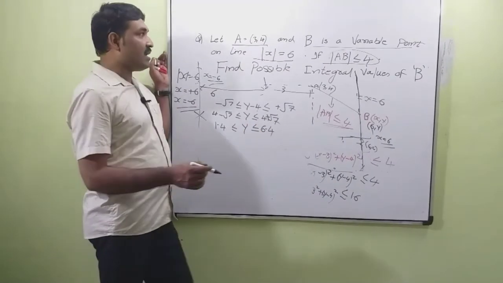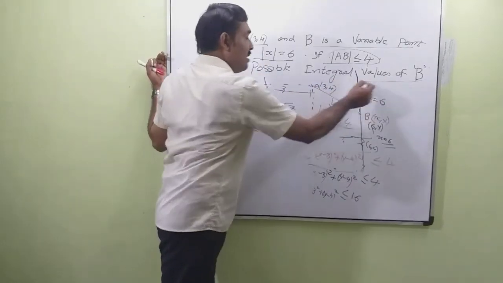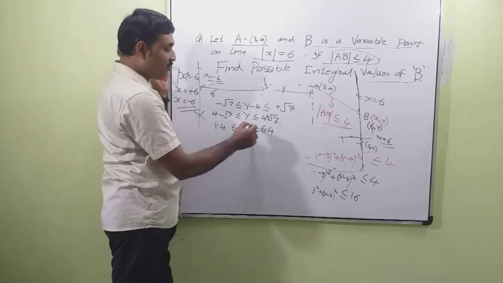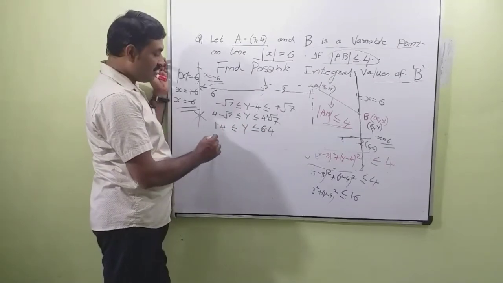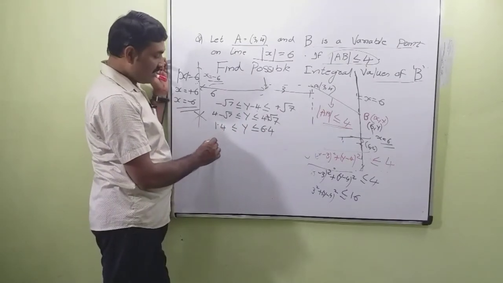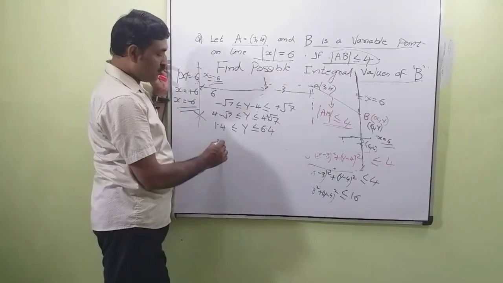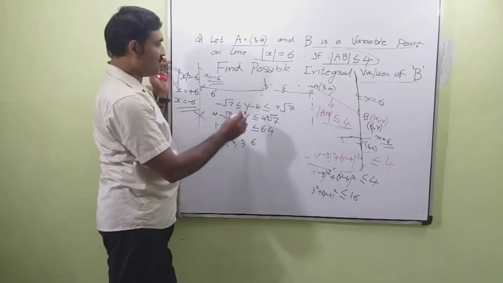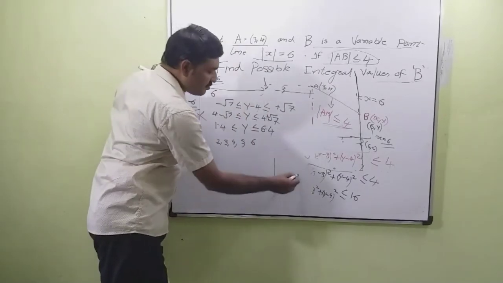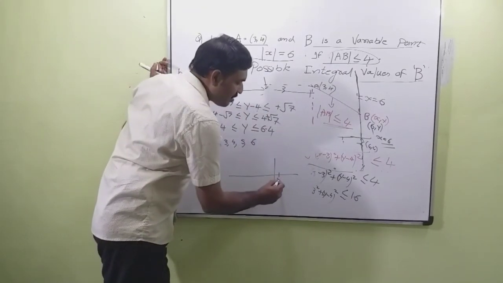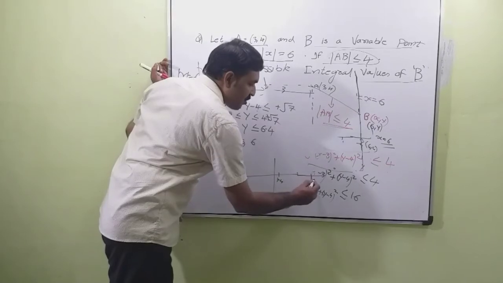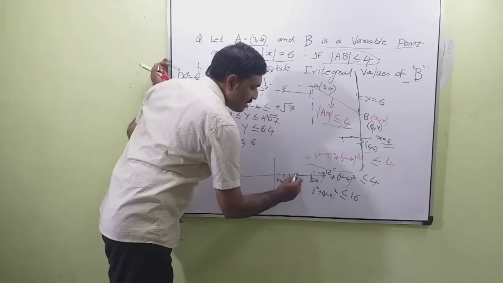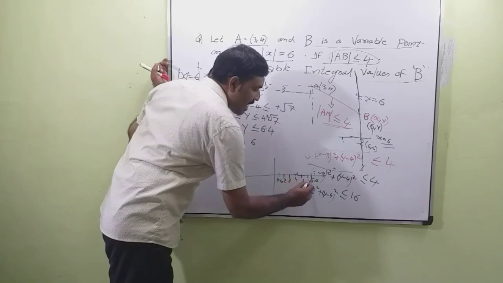Now we want to find the integral values of y. So the integral values lying between 1.4 and 6.4 are 2, 3, 4, 5, 6. So this is our point 1.4 and this is our point 6.4. So the integer values are 2, 3, 4, 5 and 6.